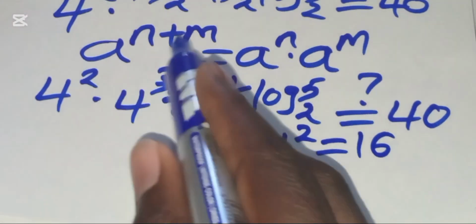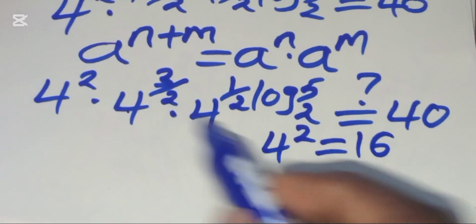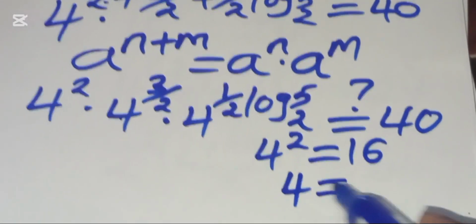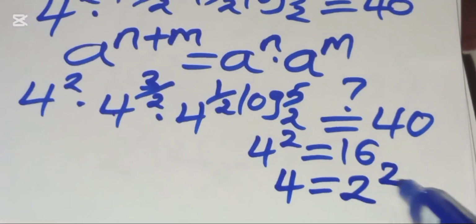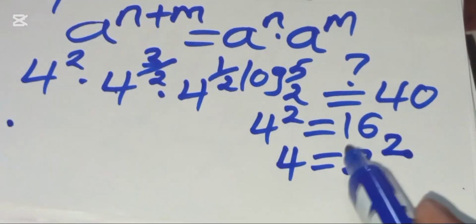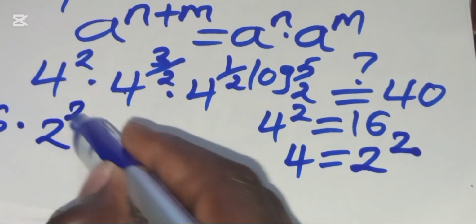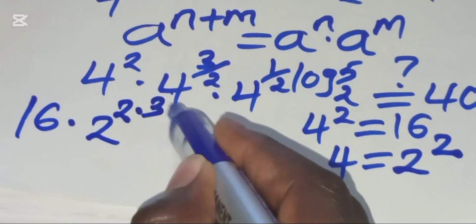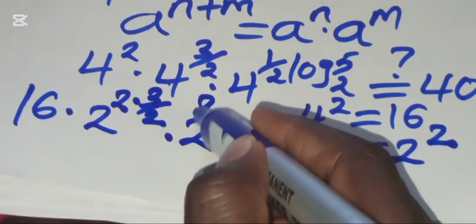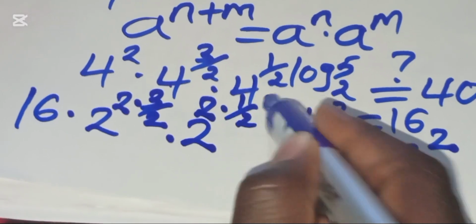We have 4 to power 3 over 2, and given that 4 can also be expressed as 2 to power 2, this will be 16 multiplied by 2 to power 2 multiplied by 3 over 2, multiplied by 2 to power 2 multiplied by half log 5 to base 2.